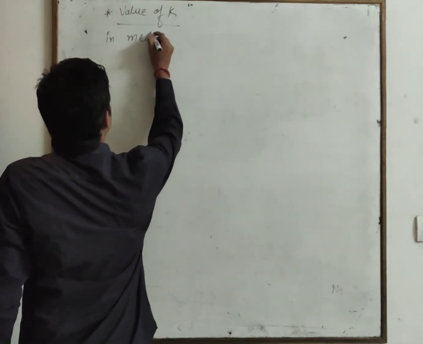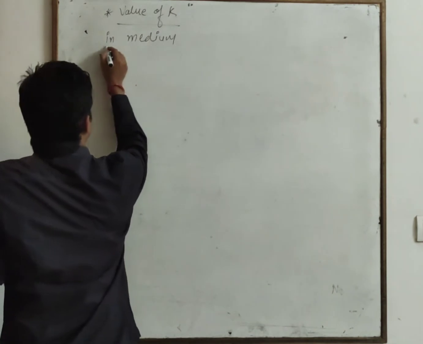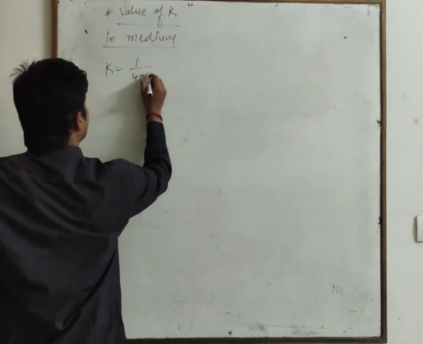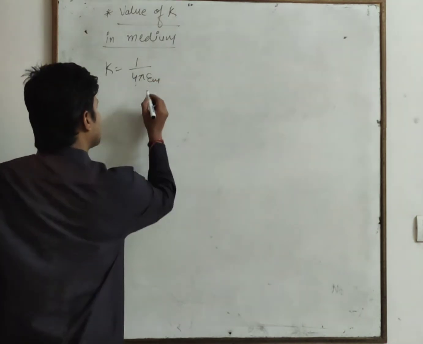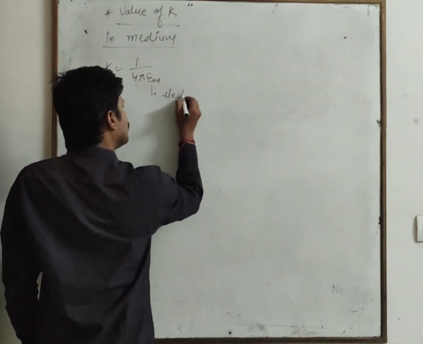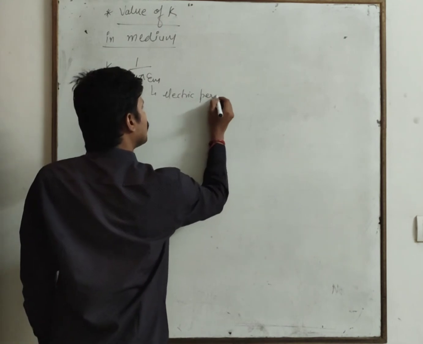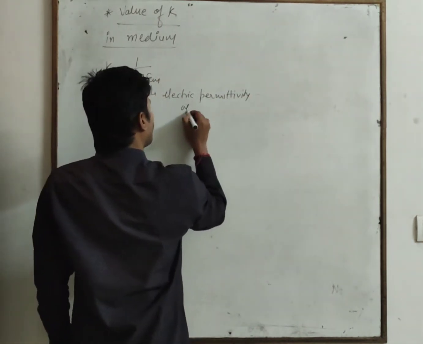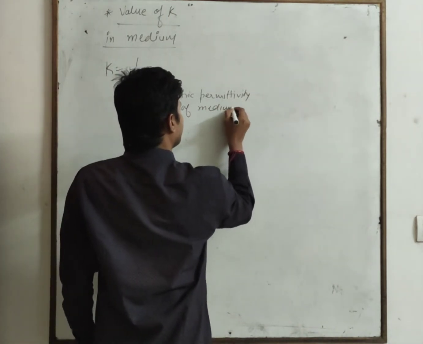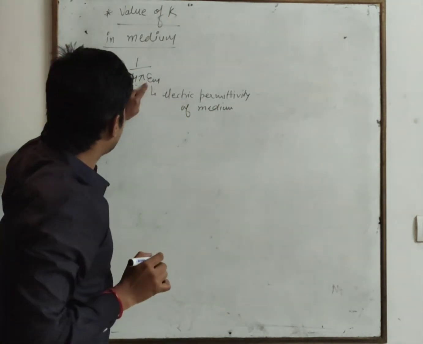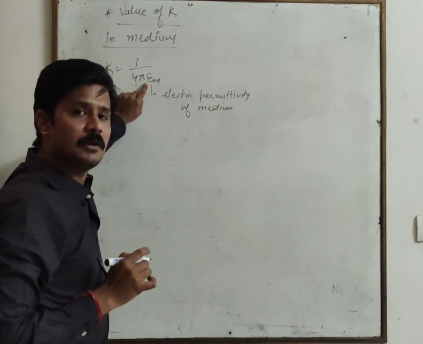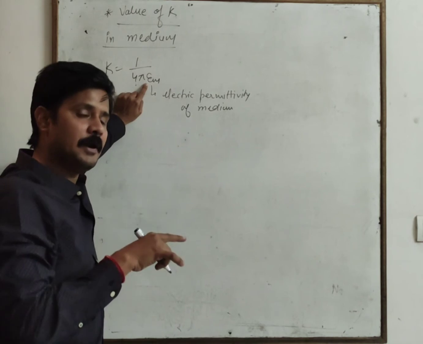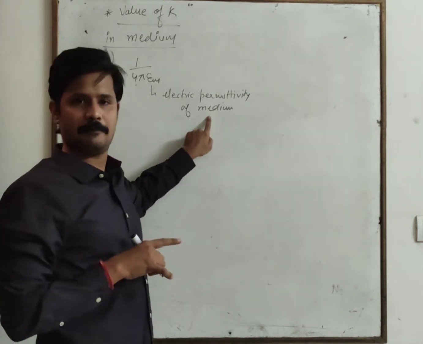In medium, the value of K can be written as 1 upon 4 pi epsilon m. And epsilon m is the electric permittivity of medium. It means epsilon m gives the knowledge of property of field between charges in medium.